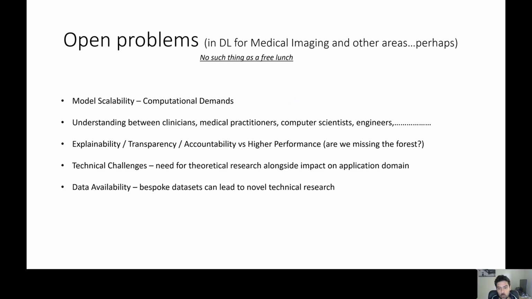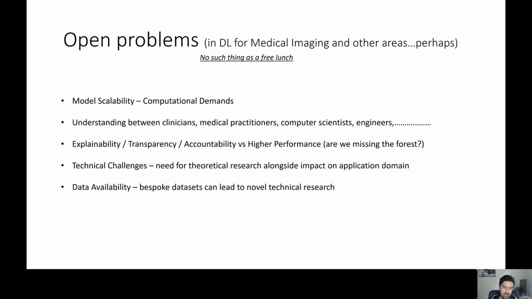Of course, when we have much data, and that is an ideal scenario, then you have to start thinking about scalability. When it comes to scalability, it means that we have to create bigger models, more complex models, and that leads to more computationally demanding approaches, right? Then we go on to other types of problems that I don't think are specific to medical imaging.